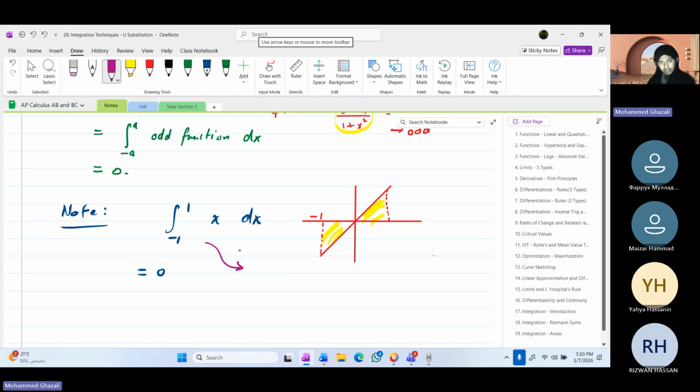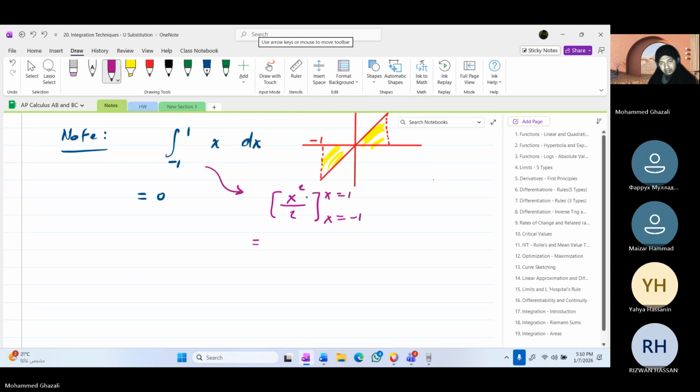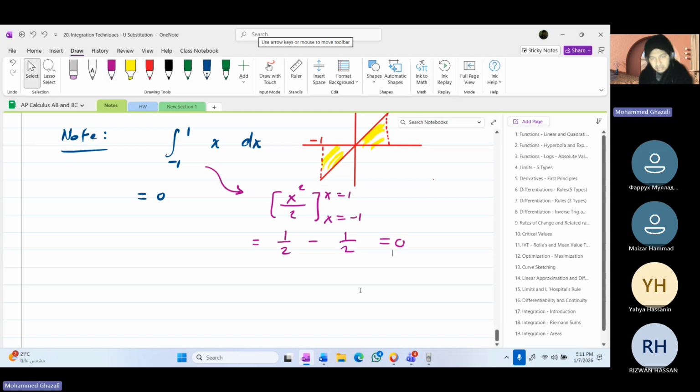The integral of x is x squared over 2, from x equals negative 1 to x equals 1. If I substitute 1 in the antiderivative, I'm going to get half, and substitute negative 1 in the same function, I'm going to get half. Half minus half, that's the answer, 0. All right, guys, just 1 second.